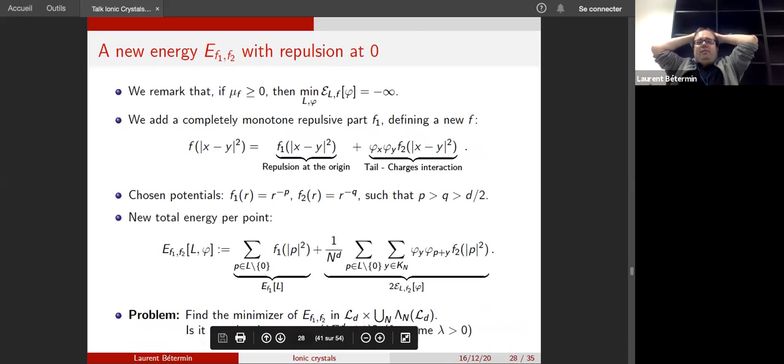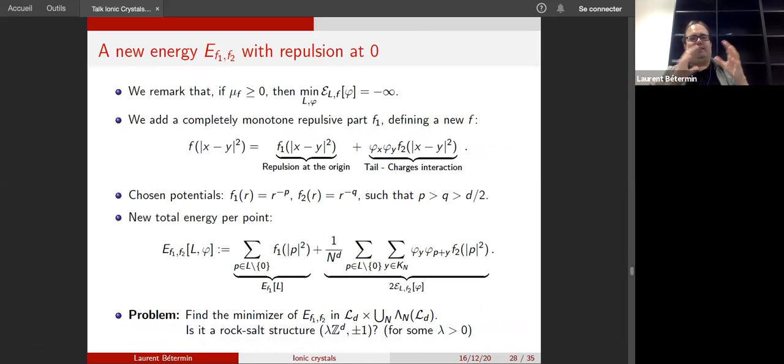Okay, so now, of course, in reality, when I explained Born's conjecture, what I did is I fixed the structure and I play with the charge. But of course, as we have seen before, if you shrink the lattice, you can show that there is no minimizer for this part of the energy, right?